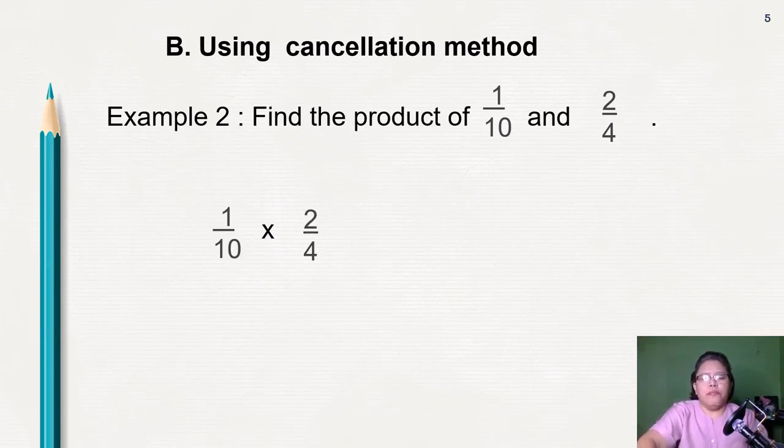Okay, now pwede nating i-partner ang 2 at saka 10. Cancel natin. Divide natin by 2. 2 divided by 2 is 1. And then yung 10 divided by 2 is 5. Kasi may 5 2 sa 10. Diba? So, ang natira na lang is 1 at 1 sa taas. At saka 5 and 4 sa baba. Diba? So, this is now equal to 1/5 times 1/4.